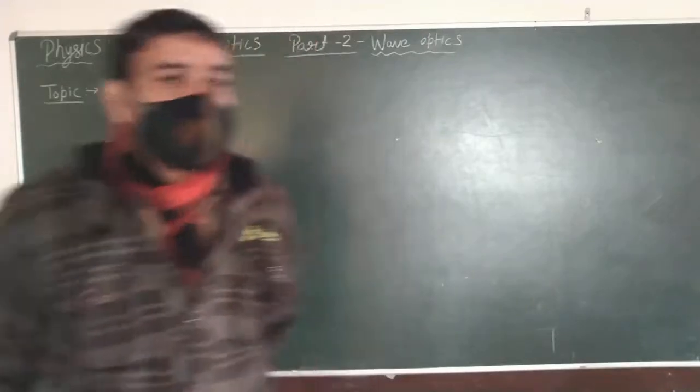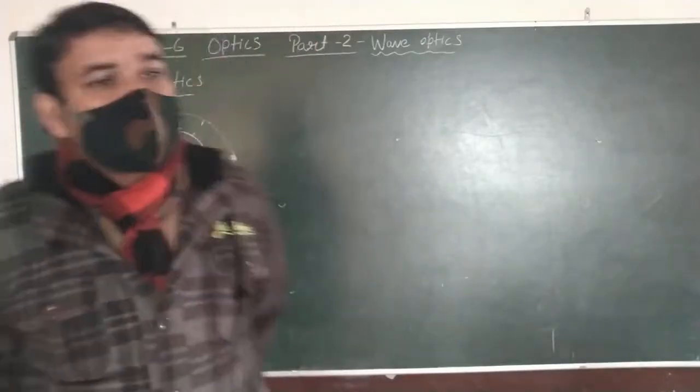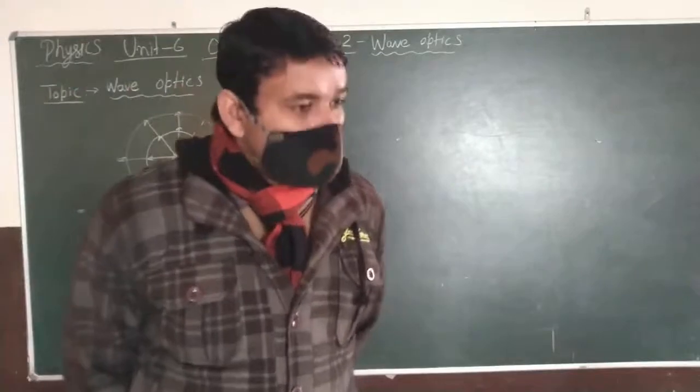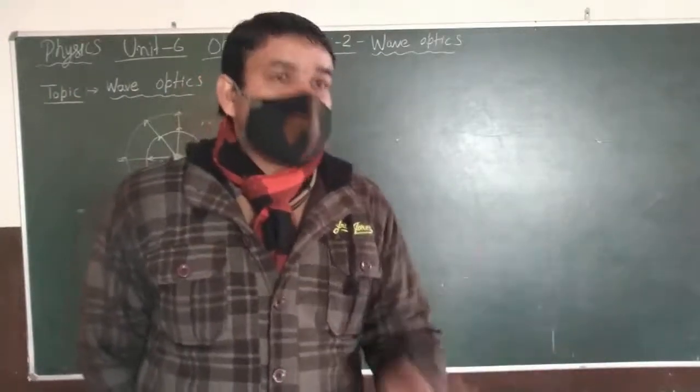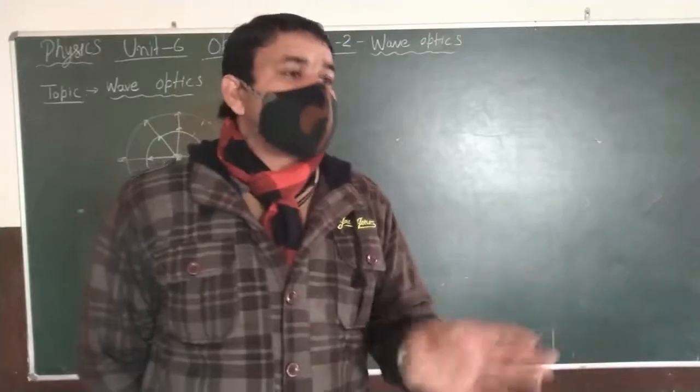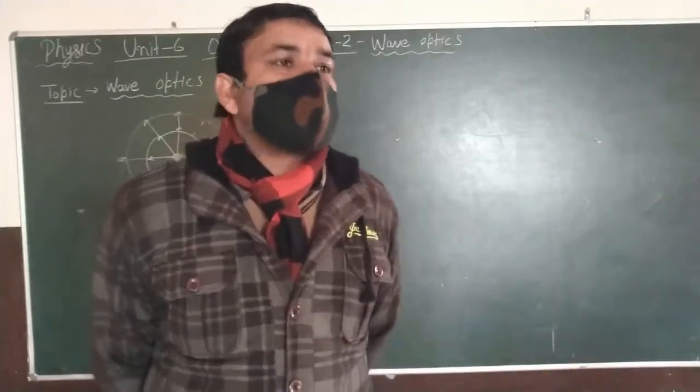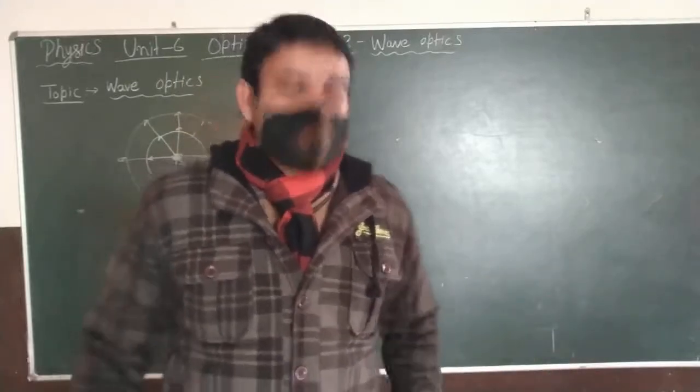Which means that on the basis of the electromagnetic theory of light waves, reflection, interference, diffraction, and polarization cannot be explained.